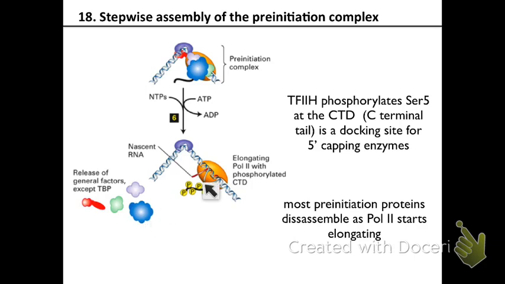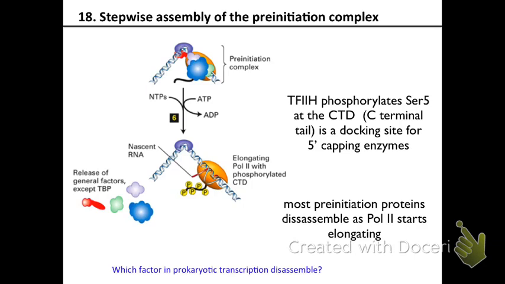They no longer migrate with the RNA polymerase, except that TBP usually stays bound to the promoter, the TATA. That's why we call these initiation factors, because they're important for initiation, but not for elongation. They're just released. So most pre-initiation proteins disassemble as Pol II starts elongating.